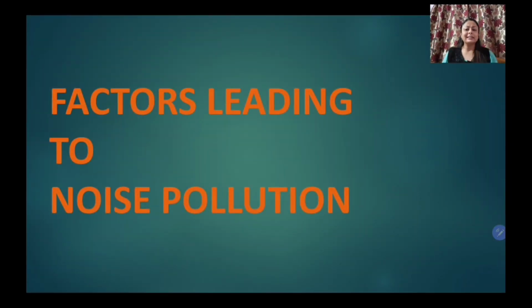So what are the factors leading to noise pollution? Children, before coming to know about the factors, let's look at some facts. First, sound energy is measured in decibel, and we write it like small d and capital B. The frequency of sound is measured in hertz.